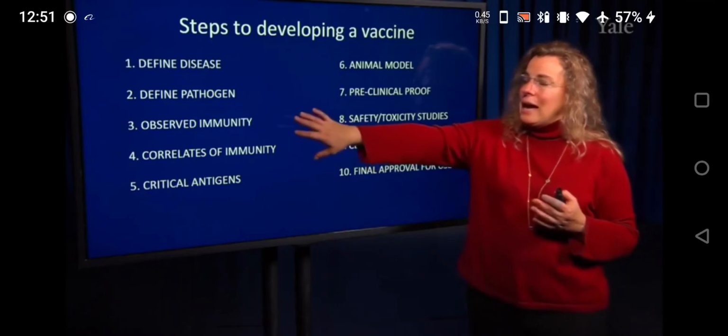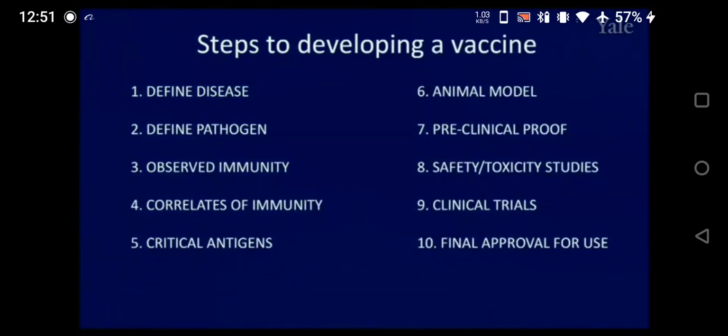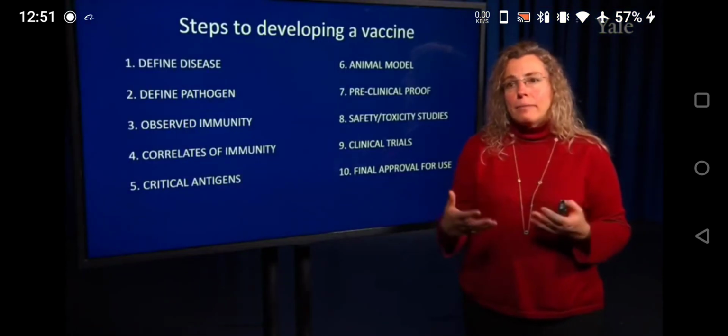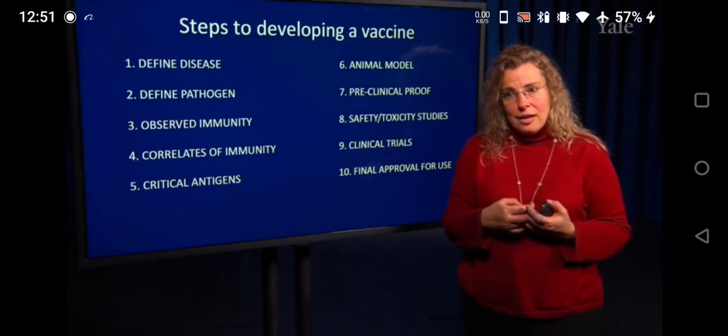We need to have some sort of observed immunity. Can you develop immunity to whatever that pathogen is? Again, with a vaccine, we're trying to mimic what happens naturally. So we need to try to understand how the immune system normally responds and what type of memory response is generated.